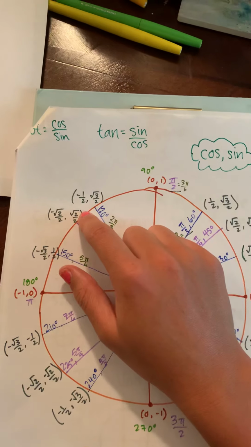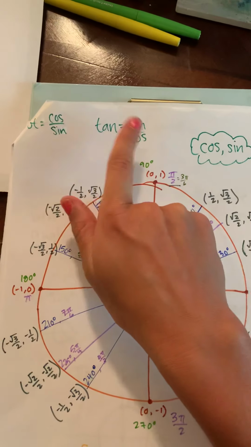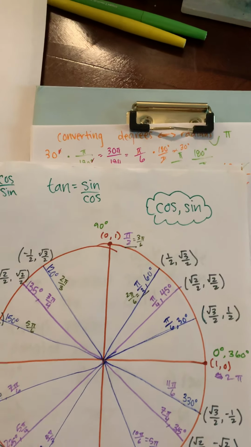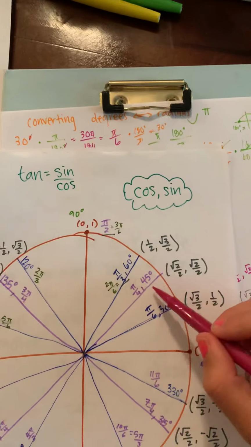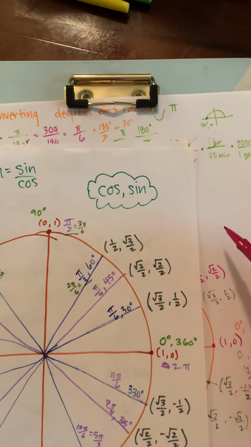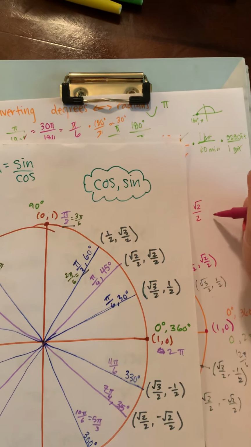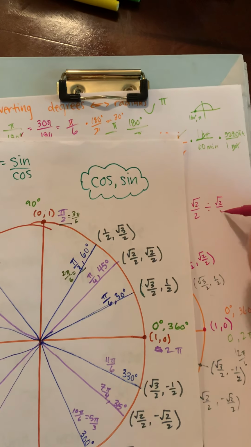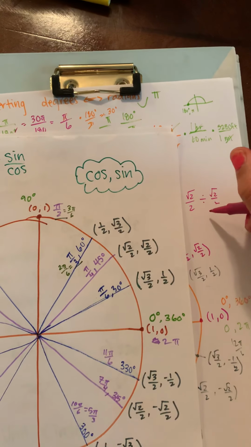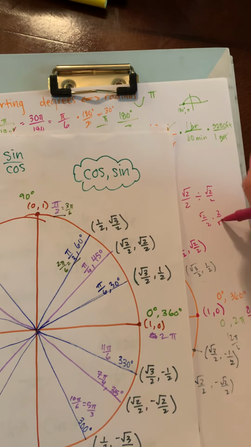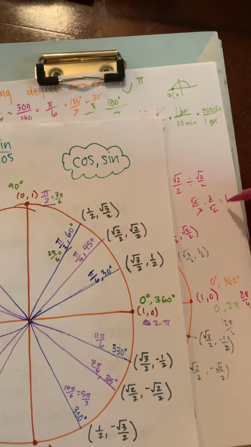So you have to do a little bit of math when you do the tangents and cotangents. If they said, what's the tangent of 45? The tangent of 45 would be root 2 over 2 divided by root 2 over 2, which you'd copy, dot, flop, and these would cancel, and it just goes to 1.